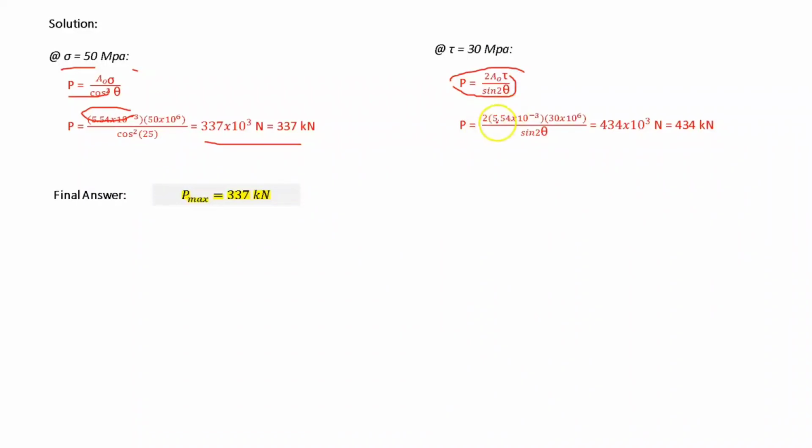Input the same area, 5.54 times 10 raised to negative 3, and 30 times 10 raised to 6. Input theta 25, so this becomes sine of 2 times 25, or 50 degrees. The final answer is P max, which is the smaller value between these two. So P max is equal to 337 kilonewton.